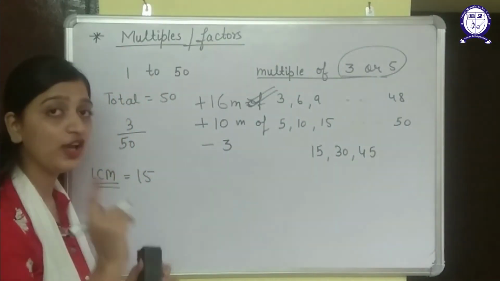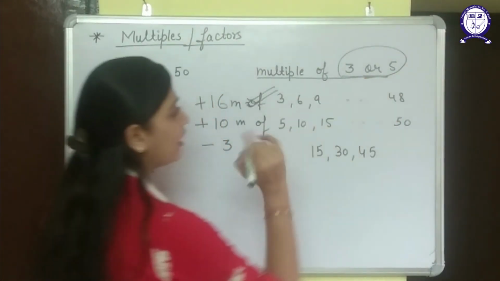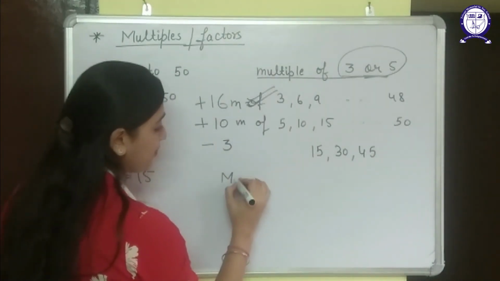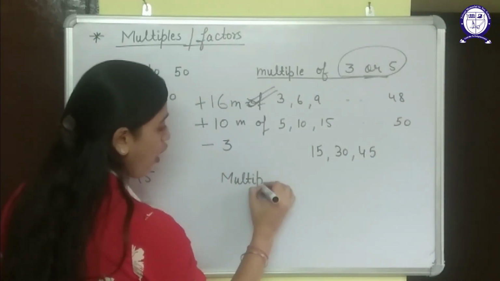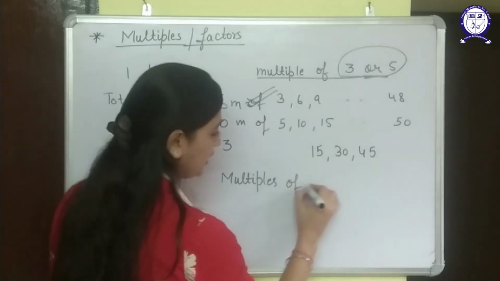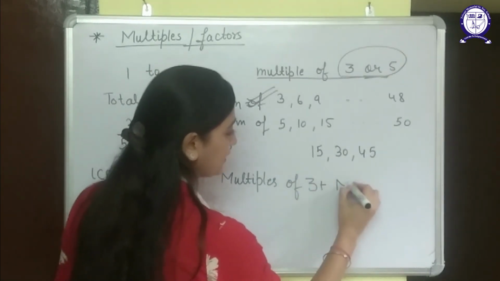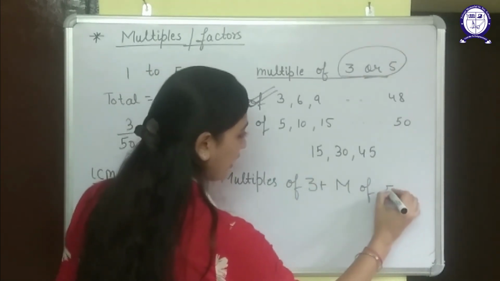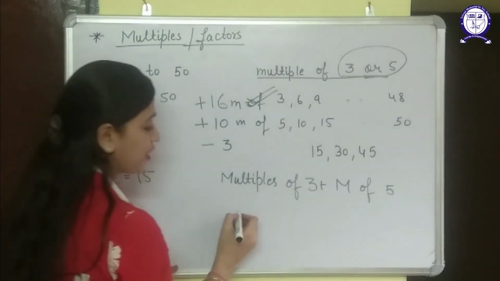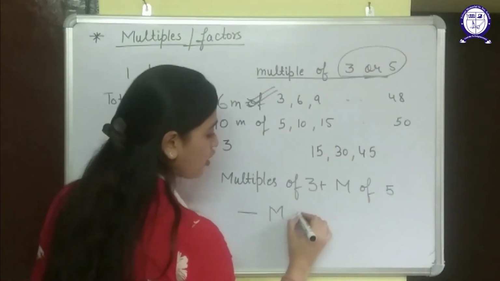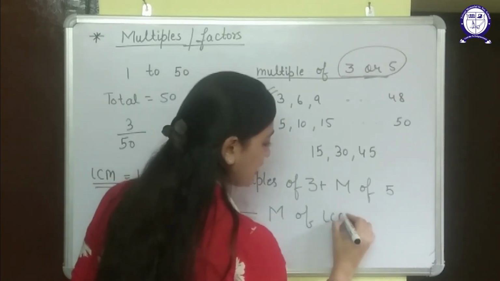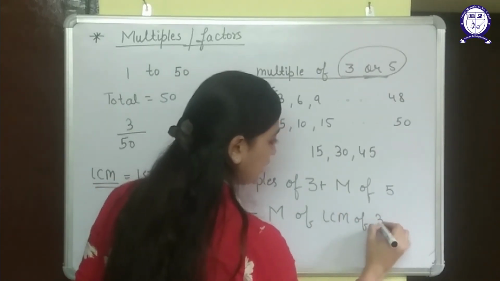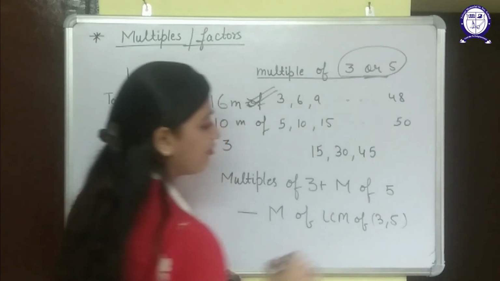For the case of 3 or 5, the formula will be multiples of 3 plus multiples of 5, and I will subtract multiples of the LCM of 3 and 5.